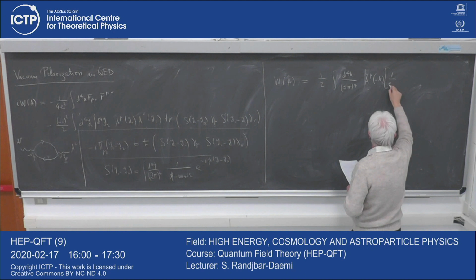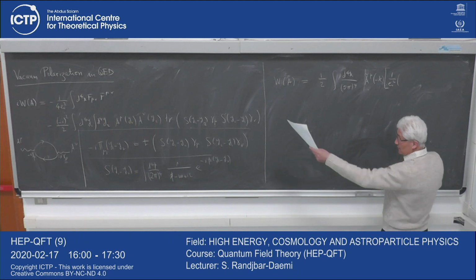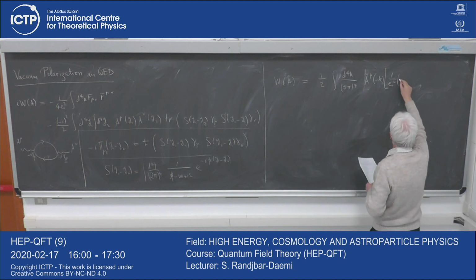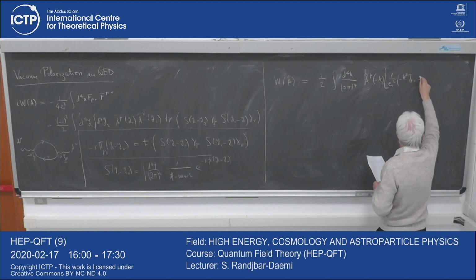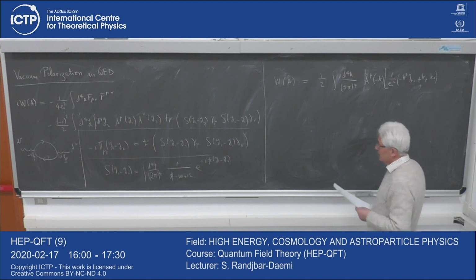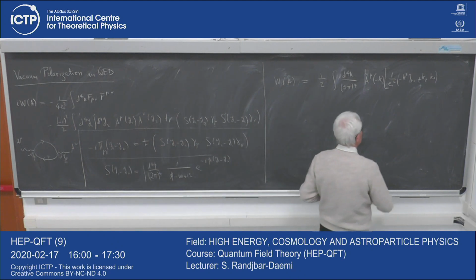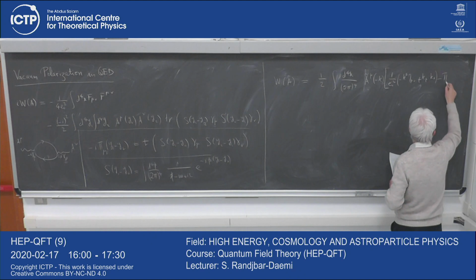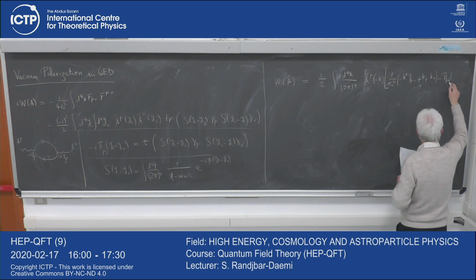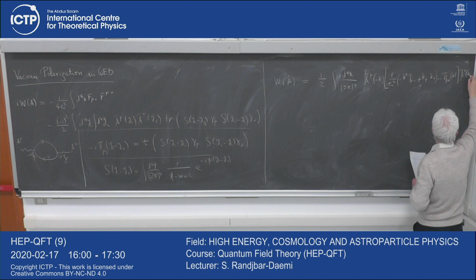There is 1 over e0 to the power 2, which indicates that this term is coming from the classical part, minus k squared g mu nu plus k mu k nu, and then the Fourier transform of this object, minus pi mu nu of k, close the bracket, A mu to the k.